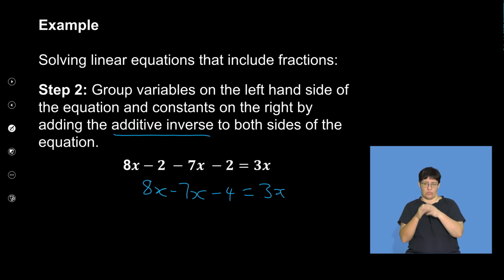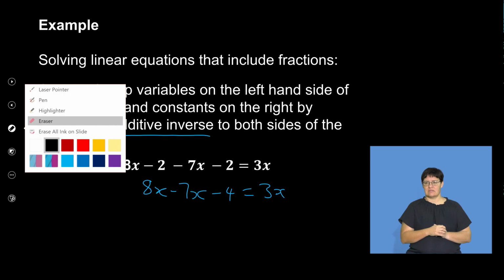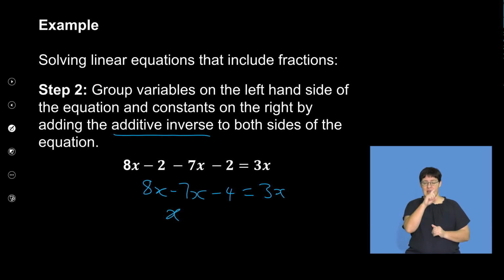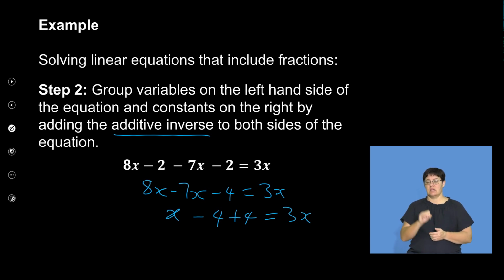So this will give me x, just x, not 2x. So this will give me just x on this side minus 4, then plus 4, because remember I said you must add the additive inverse, is equal to 3x, which will then give me x.